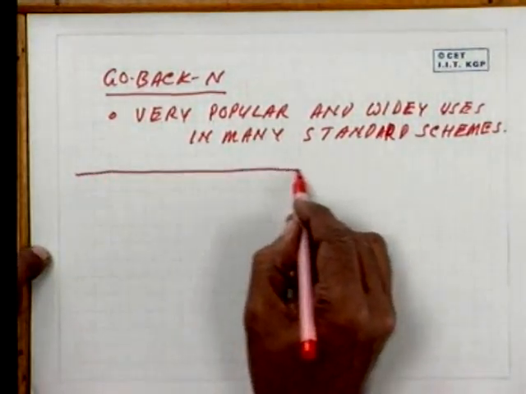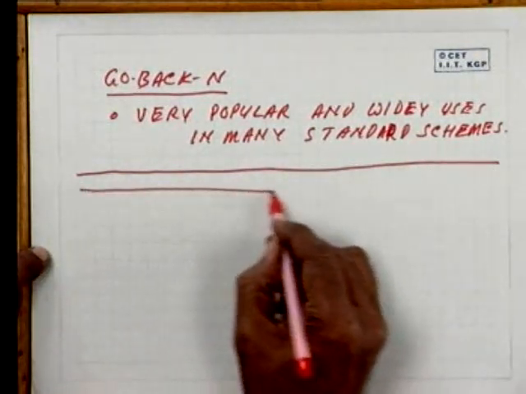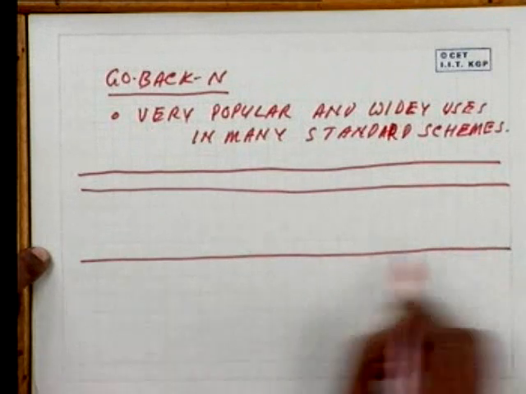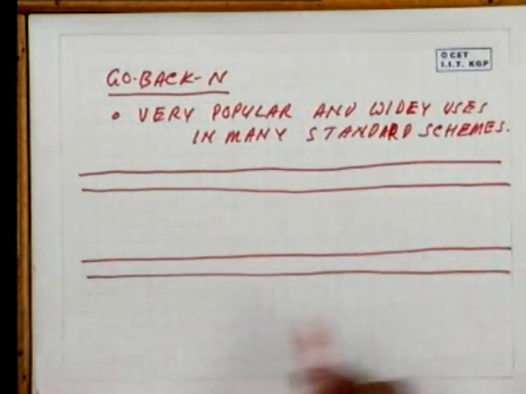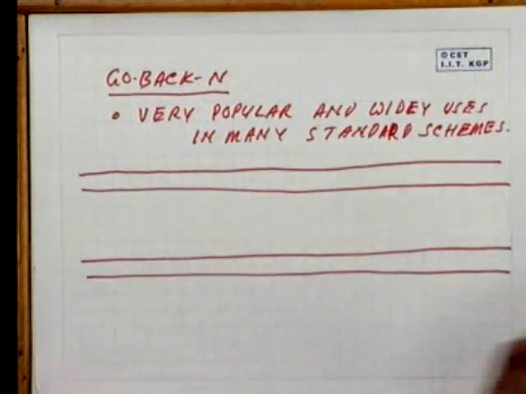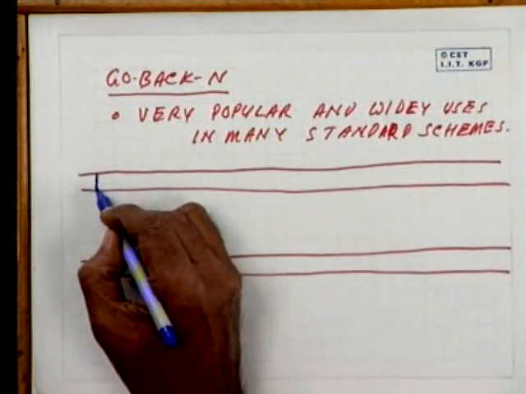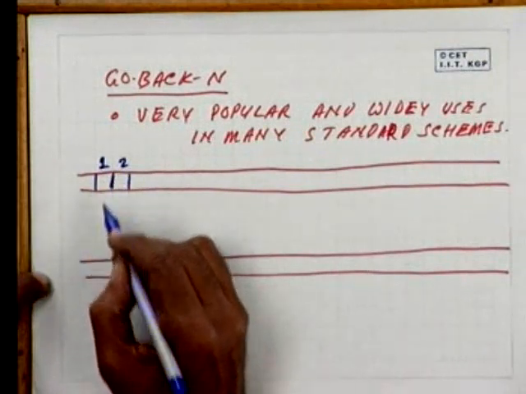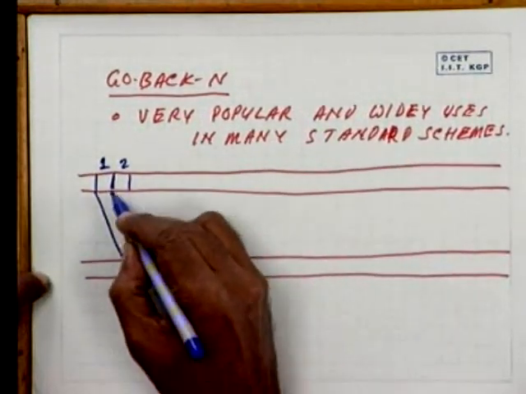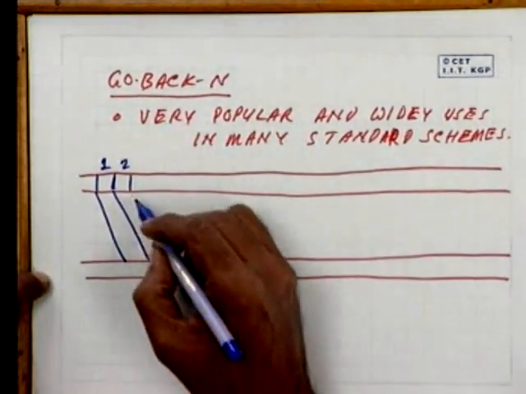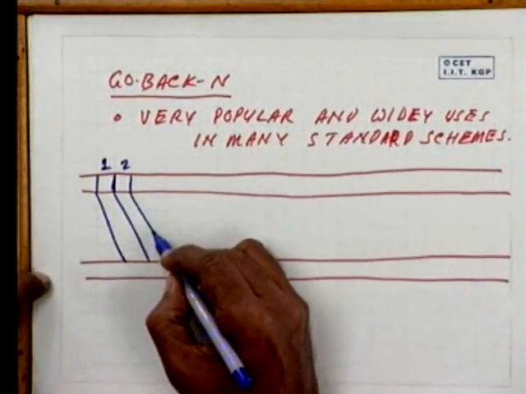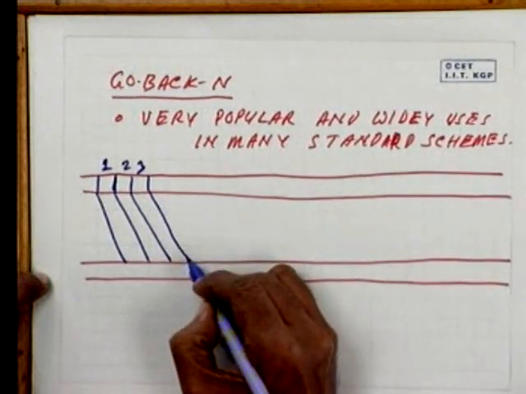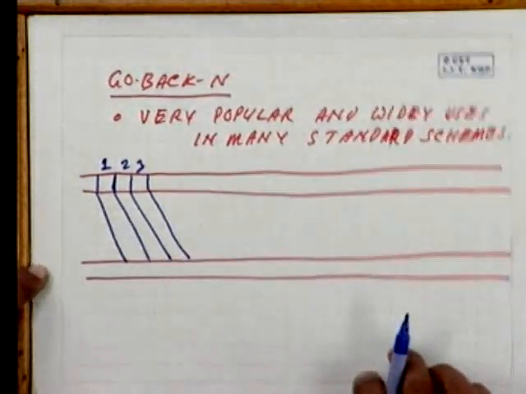Here is your transmitter and here is your receiver. This is frame number 1, frame number 2. Frame number 1 is sent, and immediately after that frame number 2 is sent, then frame number 3 is sent, and it keeps on sending one after the other.